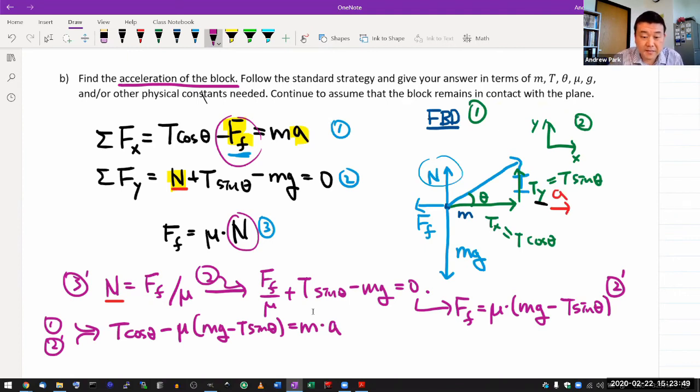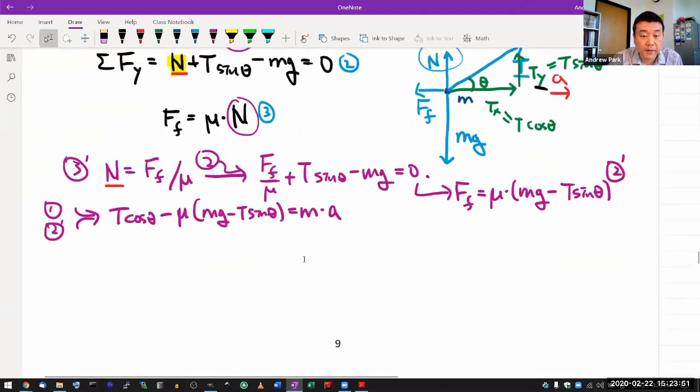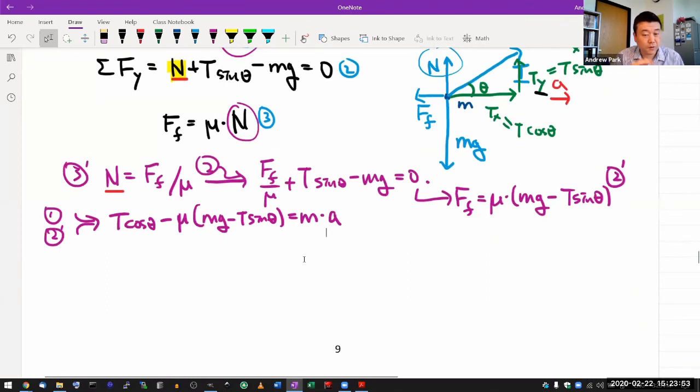As I do that, I can simplify this a little bit, so I will. I'm just going to collect like terms, but you don't have to. I'm doing it for the fun of it. So let me solve this for acceleration here. One term I'm going to pull out is all the terms dealing with the tension.